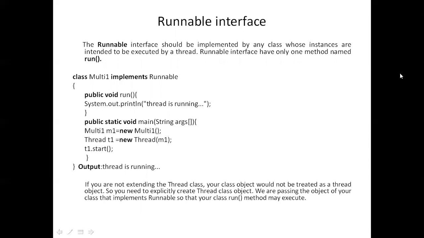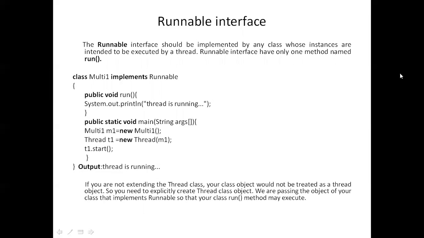The class name is Multi1, which implements the Runnable interface. So the syntax is class Multi1 implements Runnable. Within the class Multi1, there is a method called public void run. Within this public void run, there is a message displayed: thread is running.